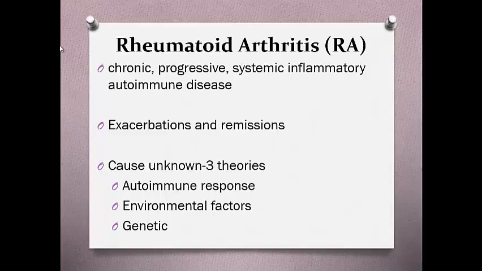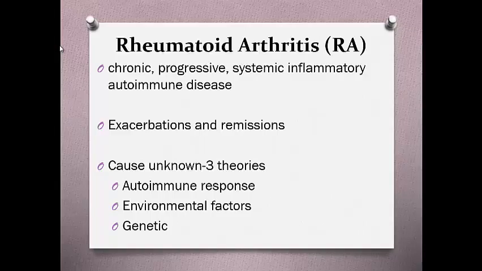Rheumatoid arthritis typically occurs after age 40, but it can also occur in adults anywhere between 20 years and up. But the most typical would be after age 40. There's a theory that infectious organisms play a role, such as the Epstein-Barr virus, which causes mono.